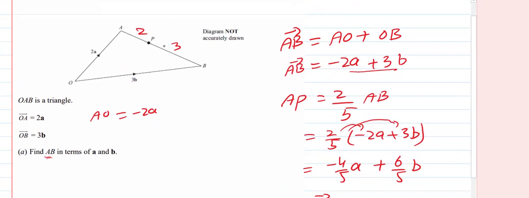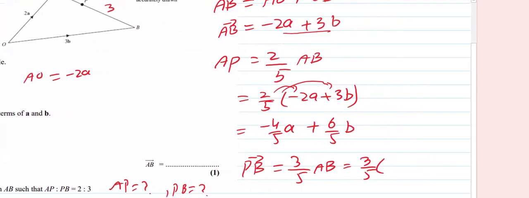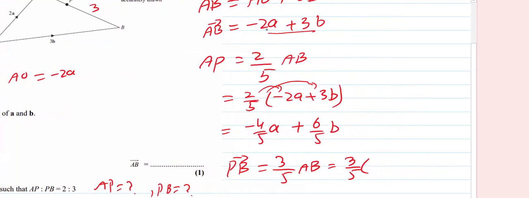In the same way, I have to find the PB now. The same thing: I take the ratio of PB over the sum of the two ratios, 2 plus 3 is 5, and multiply the full vector. So it will be 3 over 5 into AB, which is minus 2A plus 3B.